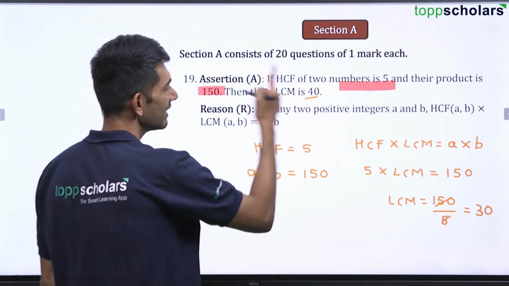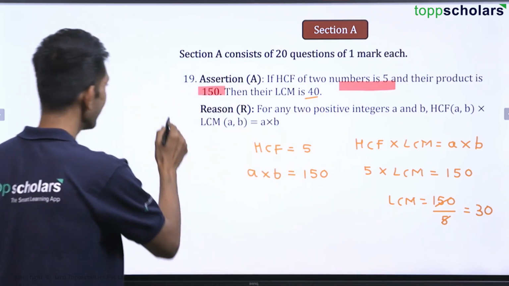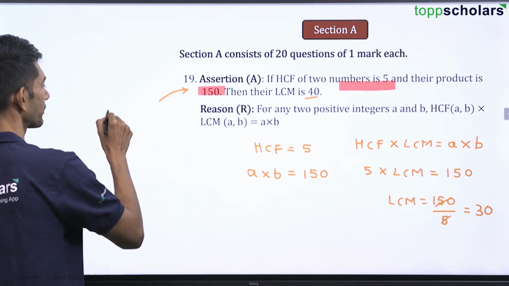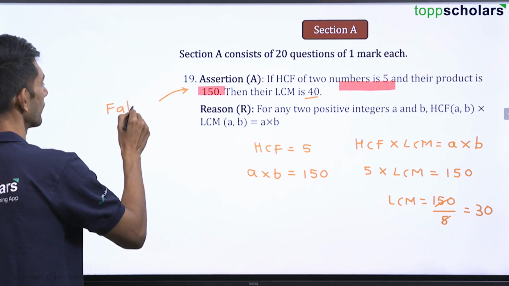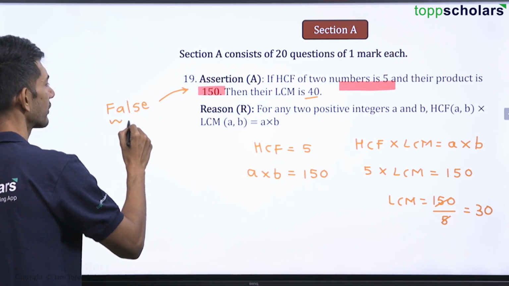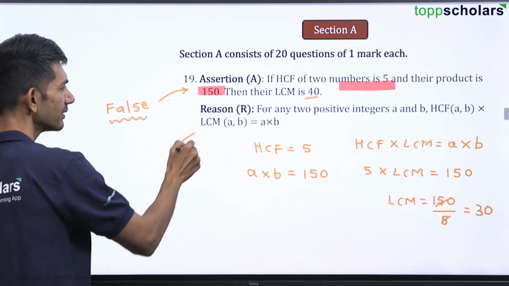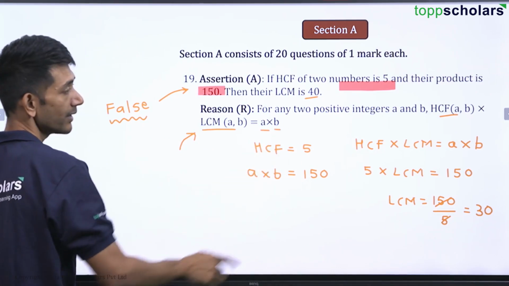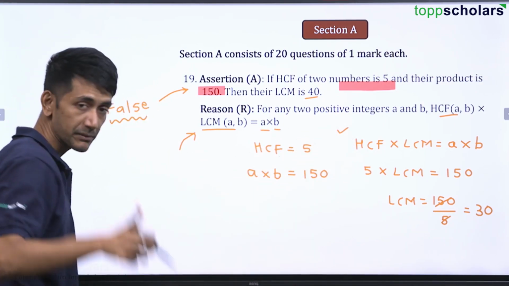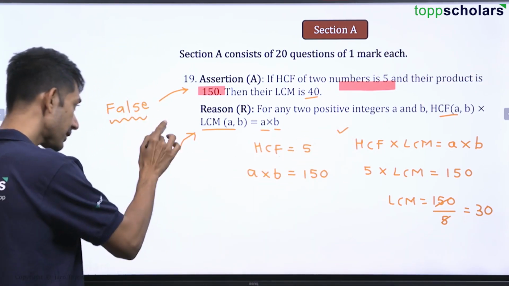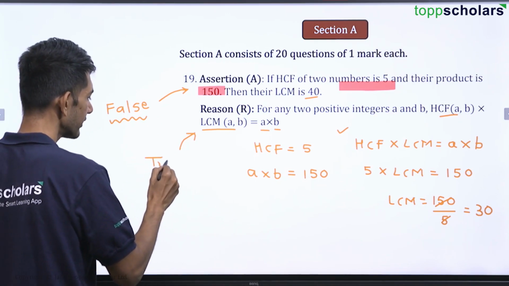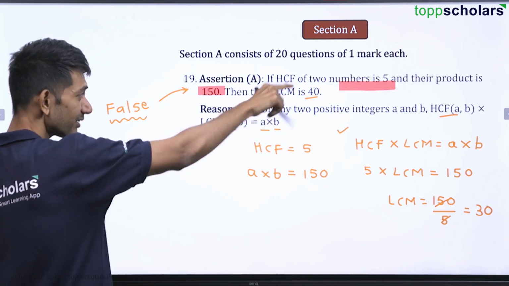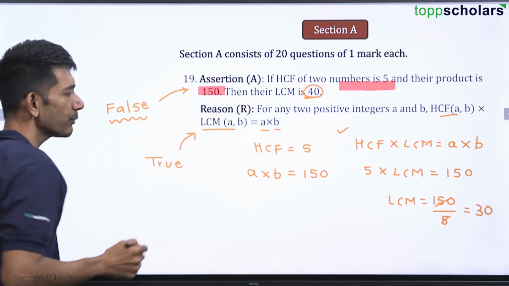But they have given the LCM as 40. So can I say this is false? This is false. What is the reason given? That HCF into LCM is A into B. That is exactly what we used here. That means this is correct. The reason is true. But the assertion is false because we are not getting 40, we should be getting 30.